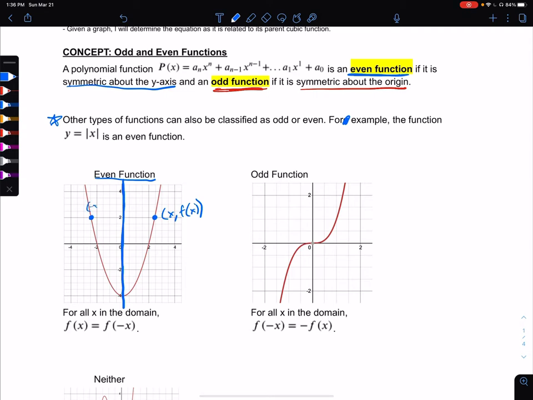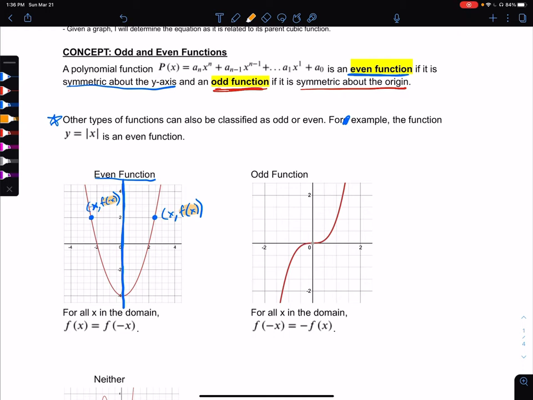So this is negative x, and then my y value will be a function of that negative x value. And ultimately what's happening is if we look at these two here, they're going to be the same. The y value is equivalent, because again, they're mirrored across the y-axis.